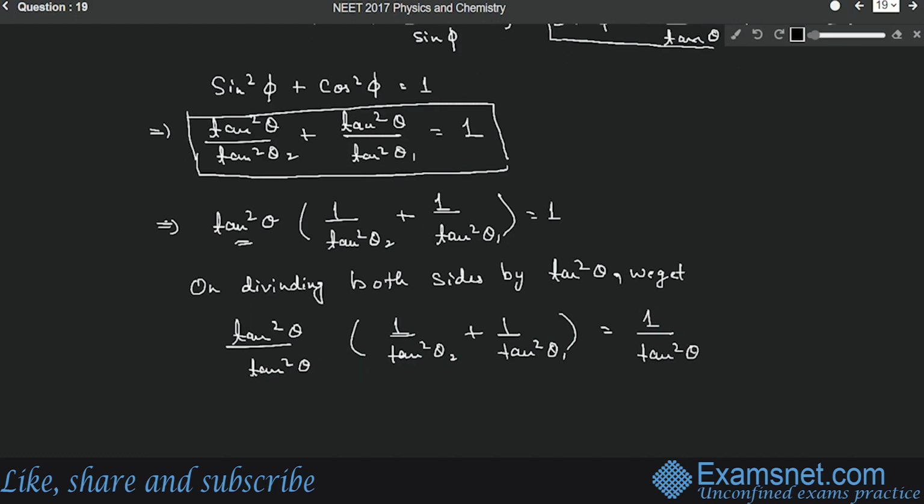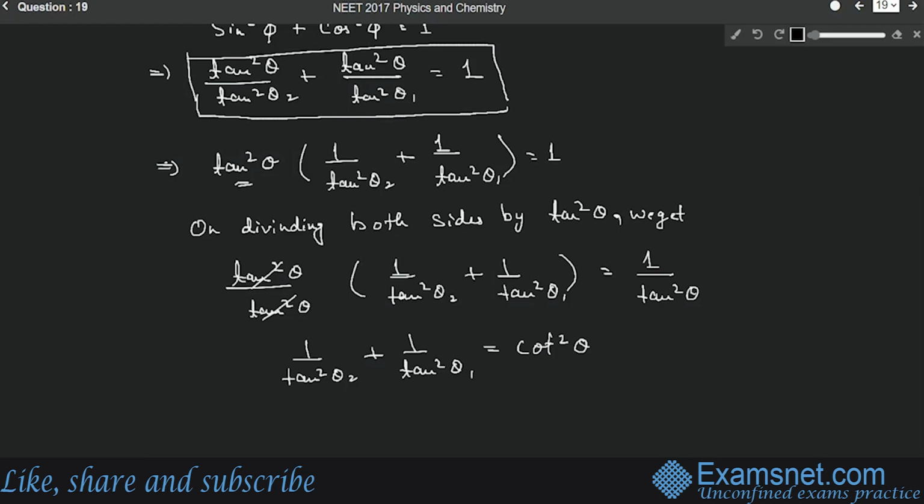This side will be cancelled, so only 1 by tan square theta 2 plus 1 by tan square theta 1 is left, and this side we get 1 by tan square theta, that means cot square theta. So 1 by tan square theta 2 can be written as cot square theta 2, plus 1 by tan square theta 1 can be written as cot square theta 1, and that will be equal to cot square theta.